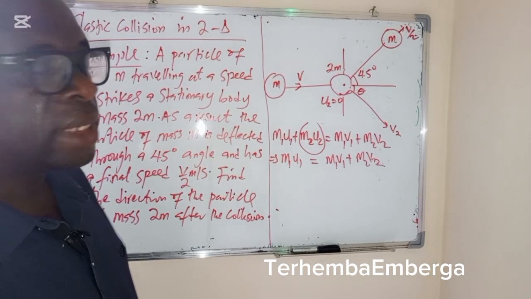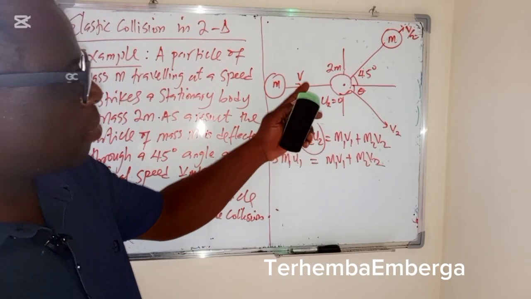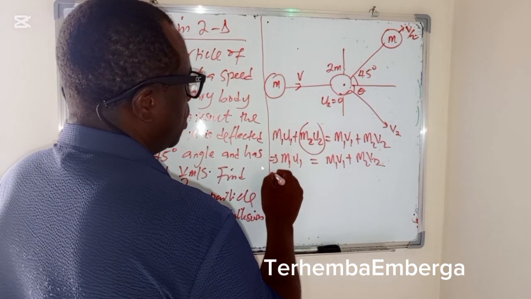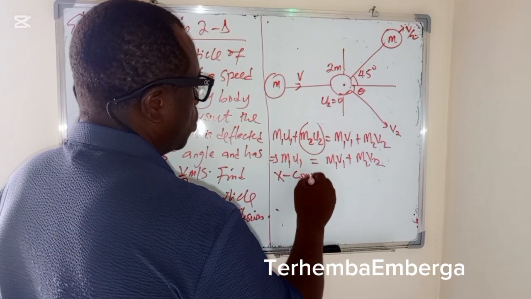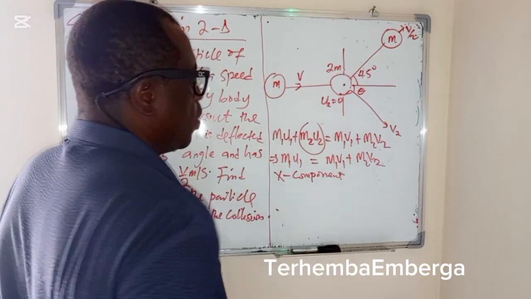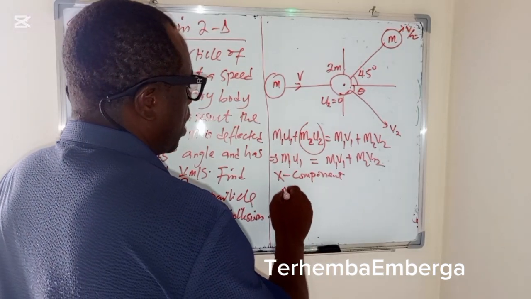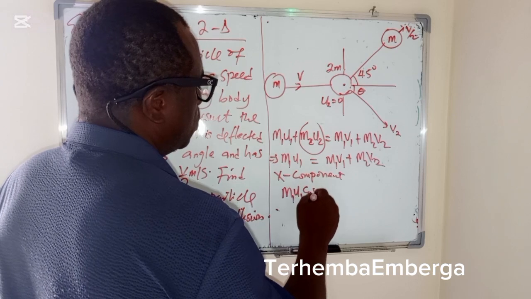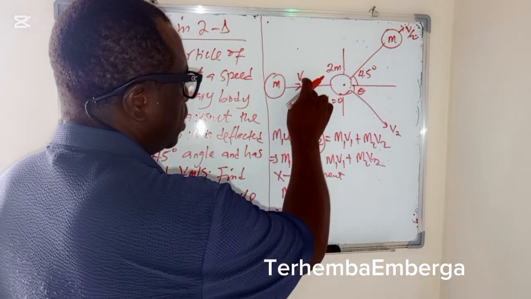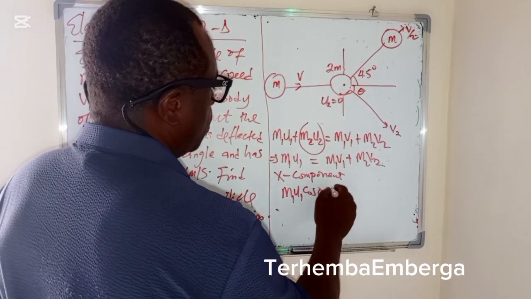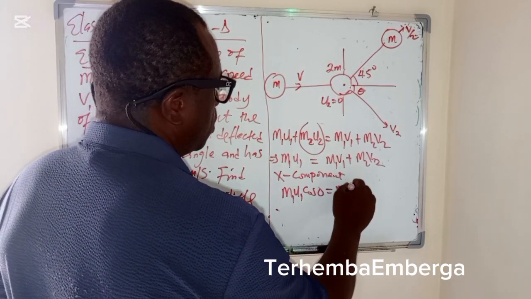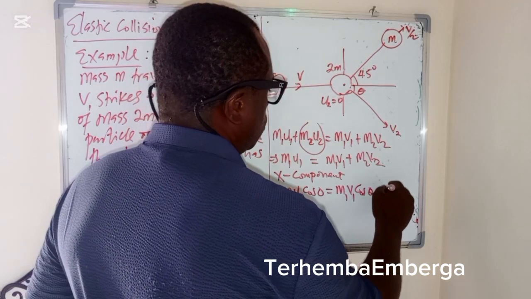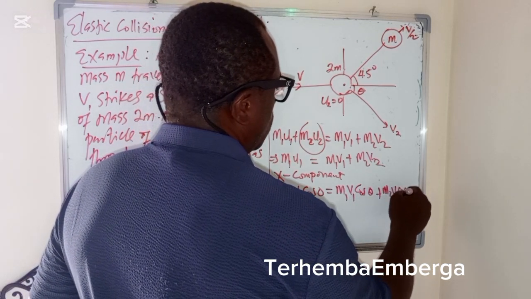Normally this has two components, the x component and the y component. So for the x components, we have m1 u1 cos 0, there's no angle here, equal to m1 v1 cos theta plus m2 v2 cos theta.